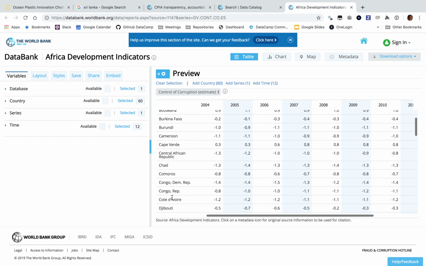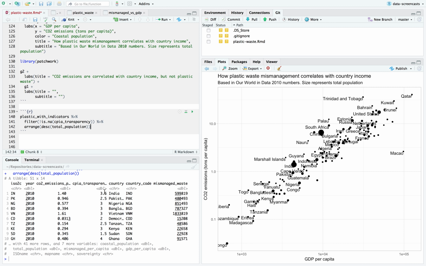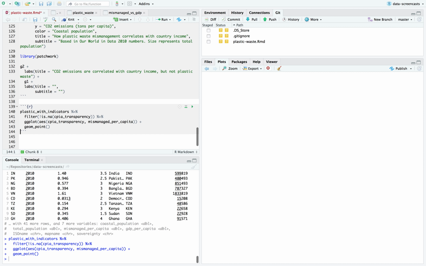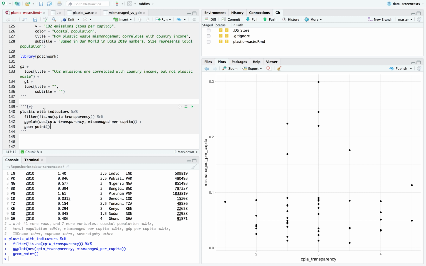All right. That might still be meaningful if these turn out to be the ones where we, so what we need to consider is just that we're looking at a smaller subset of these. All right, so we're in a bit of an odd shape. All right, so let's ask the question though. Let's ask, what's the relationship between this and mismanaged per capita? We could always do a box plot with these.